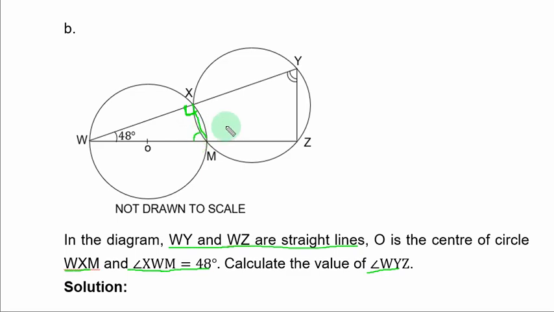After that, you can consider SMYZ as a quadrilateral, and the sum of the opposite interior angles of a cyclic quadrilateral is 180. So if we can get this angle, it can help us to get this angle.